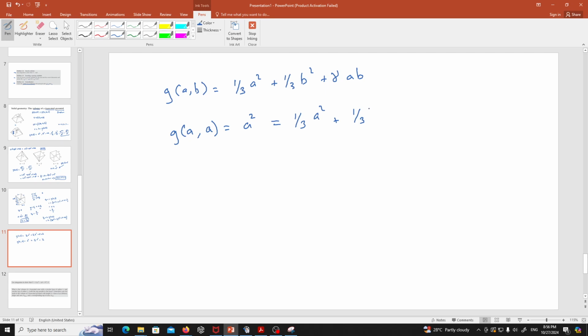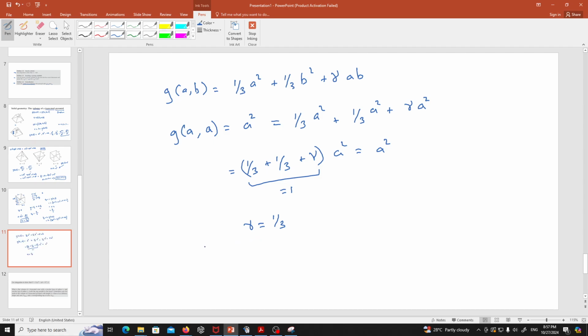Now I don't have to put b square because b is equal to a, so once again a square, plus gamma a into a, a square. Then 1 by 3 plus 1 by 3 plus gamma, times a square, is equal to a square. So this quantity is equal to 1, and in that case gamma is equal to 1 by 3.